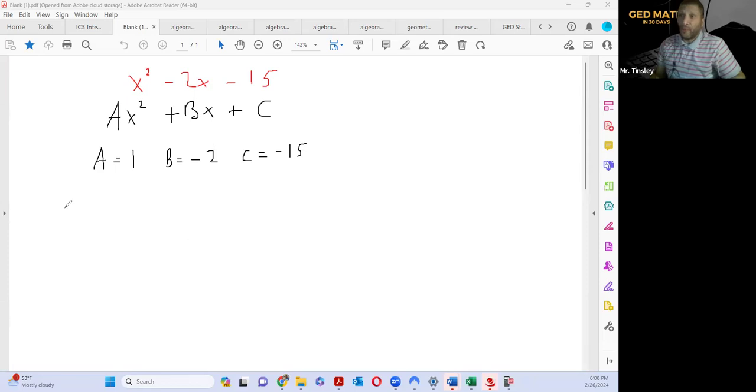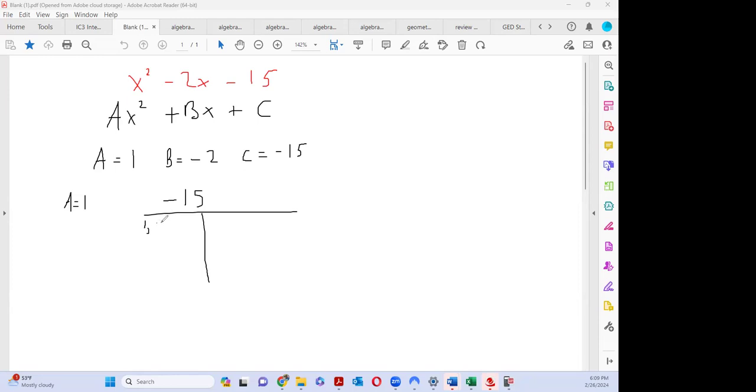So first of all, if a is equal to 1, I want you to factor c. c is -15, so I want you to find the factor pairs of -15. What two values can we multiply together to get -15? Again, I'm going to model how I do it. I start with 1. 1 times what will give you -15? -15.